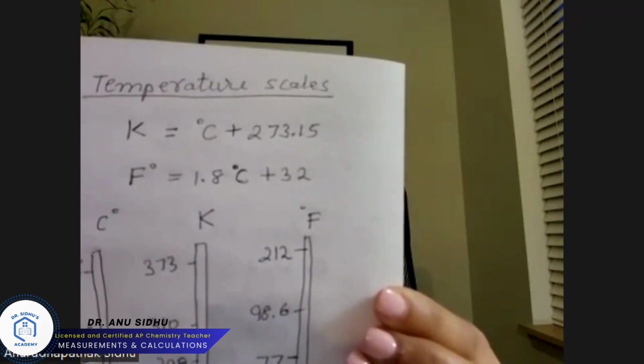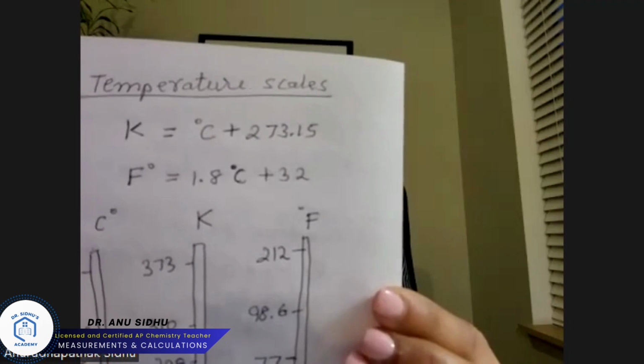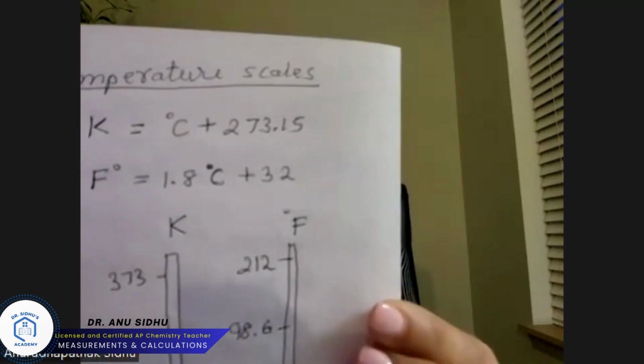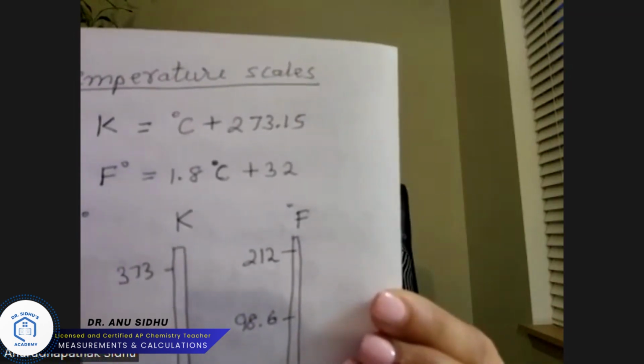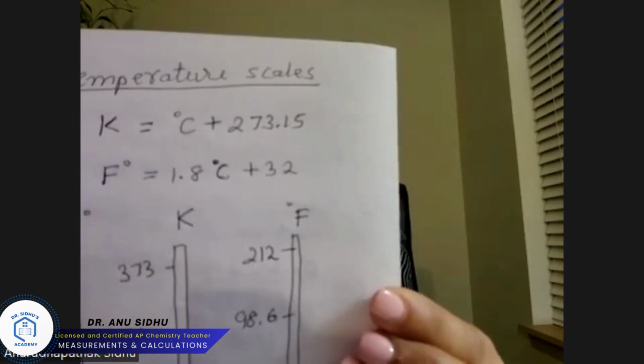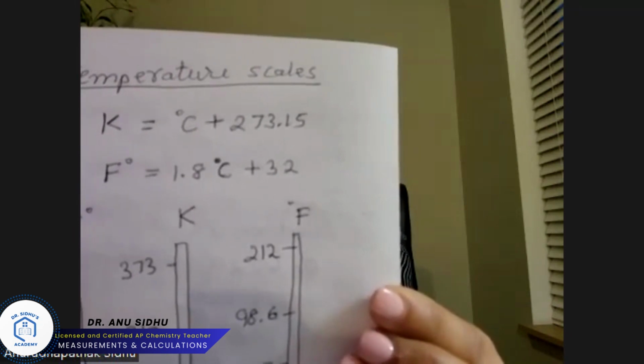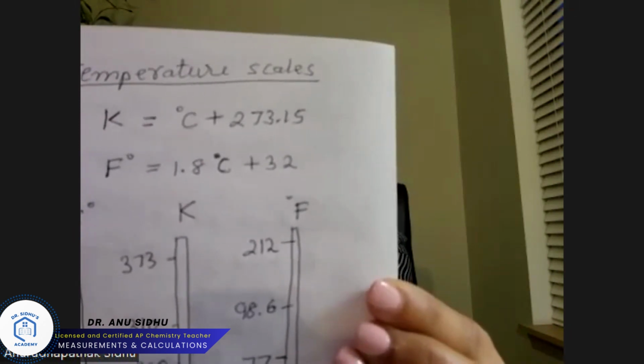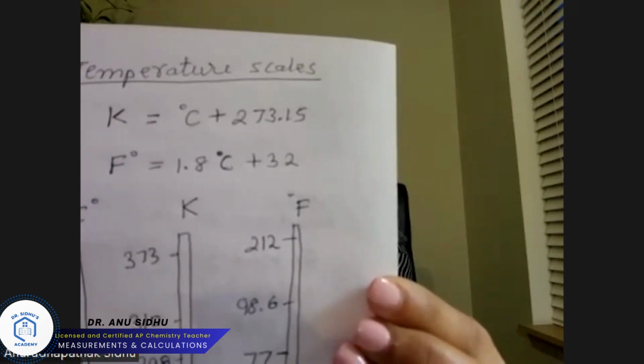And if we have to convert temperature into Fahrenheit, we multiply by a factor of 1.8. So 1.8 multiplied by the degree Celsius temperature plus 32, and we are able to get temperature in Fahrenheit. So these are the 2 ways we are able to convert the degree Celsius.